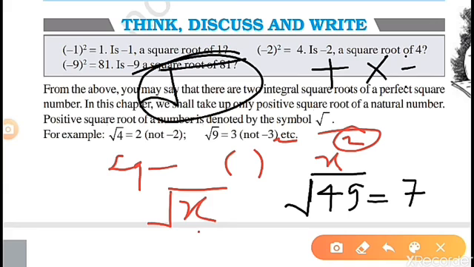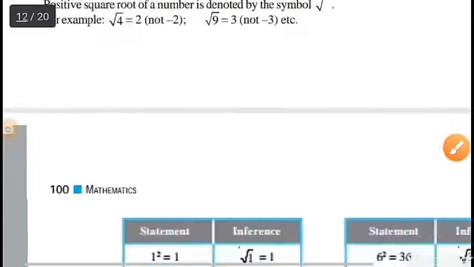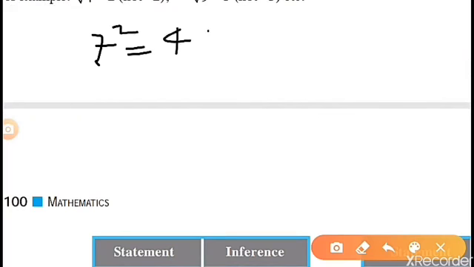Now, this is the square. What we have said is that 7 square is equal to 49.